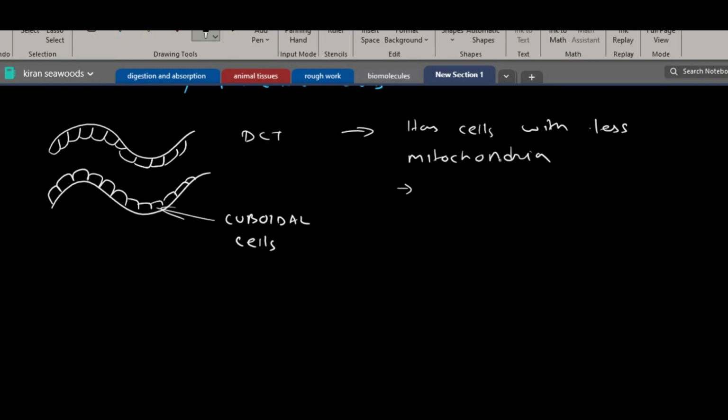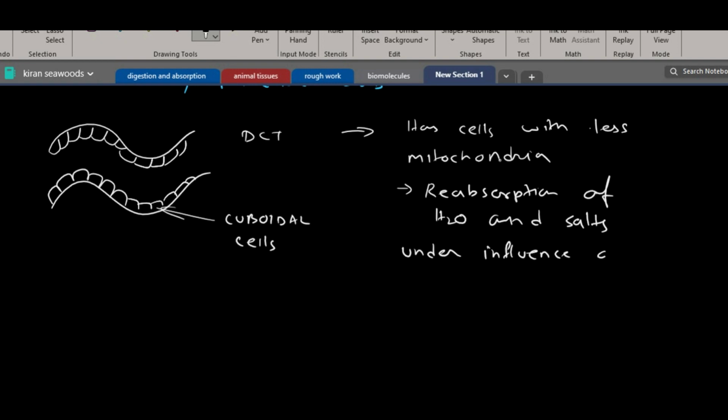and they are involved in reabsorption of water and salts under influence of hormone. That means in the presence of hormone the absorption will occur. So suppose this is the peritubular capillary present around the DCT.